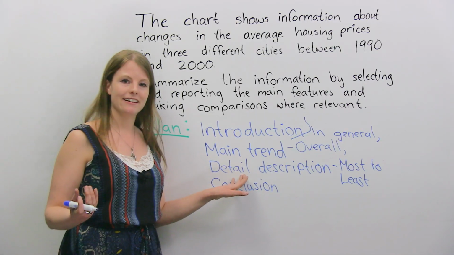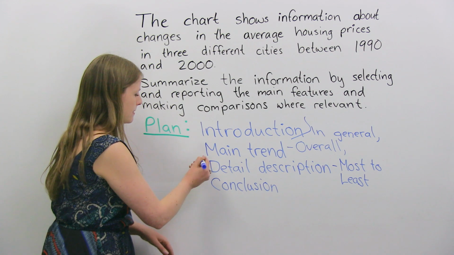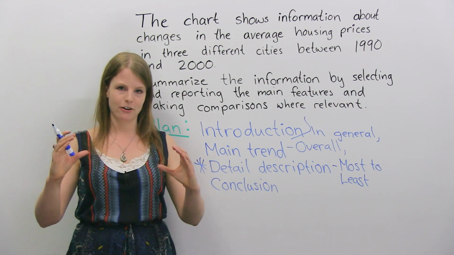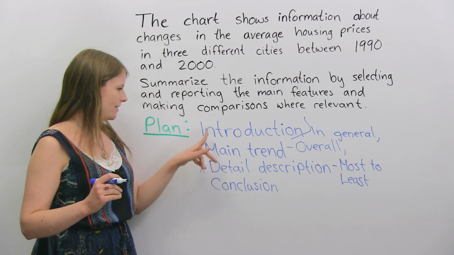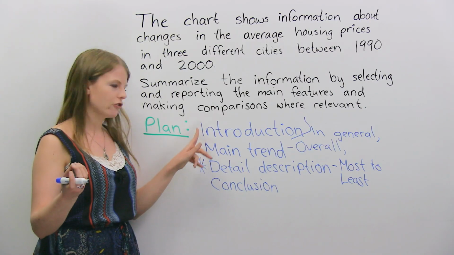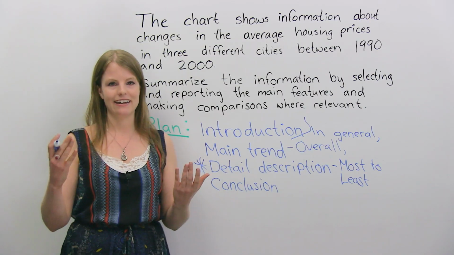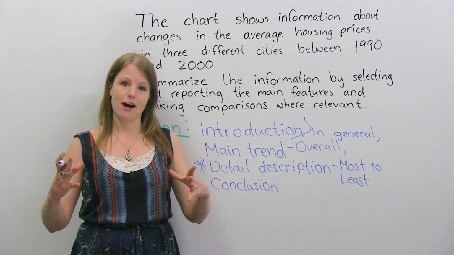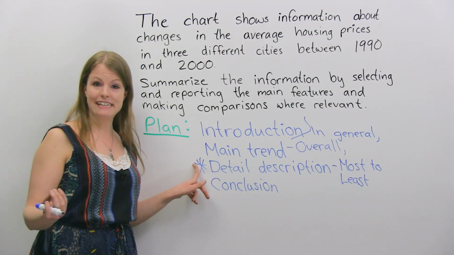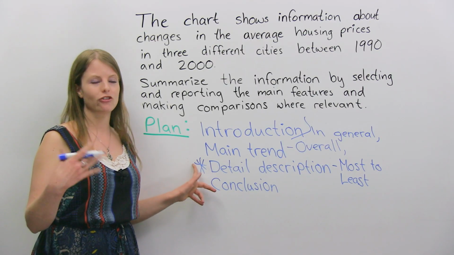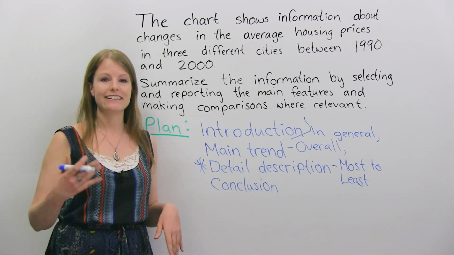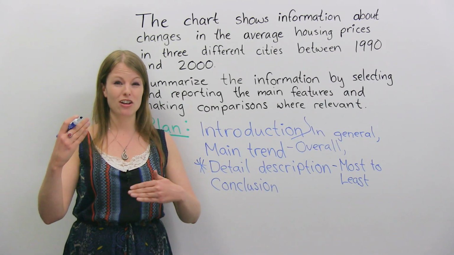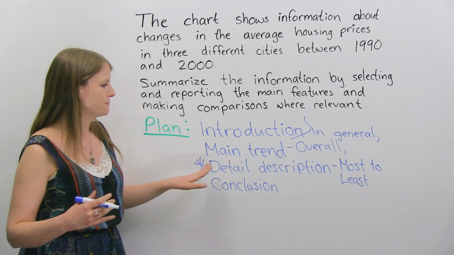A good tip with this: this is where your biggest paragraph is going to be. You can use your introduction and the main trend as 1 paragraph if you want, or 2, but your biggest paragraph is going to be the detailed description. This should be maybe 5, 6 sentences, so a lot longer, maybe even more.